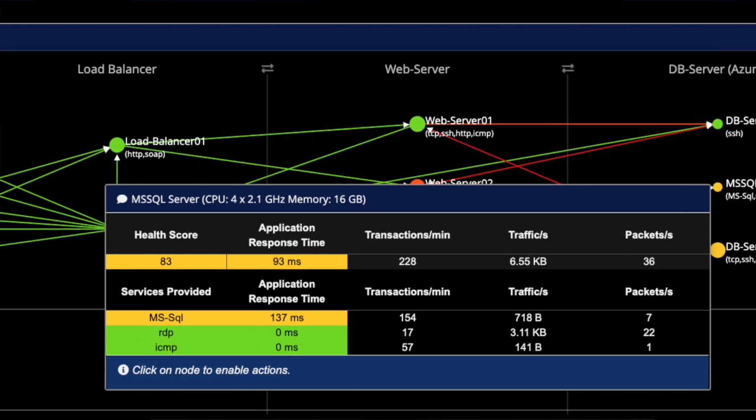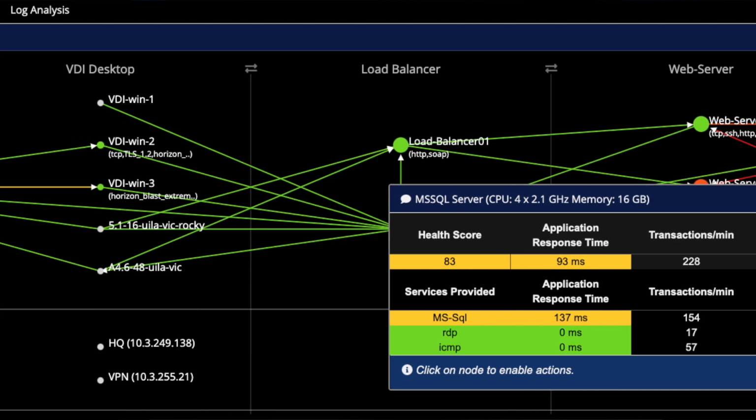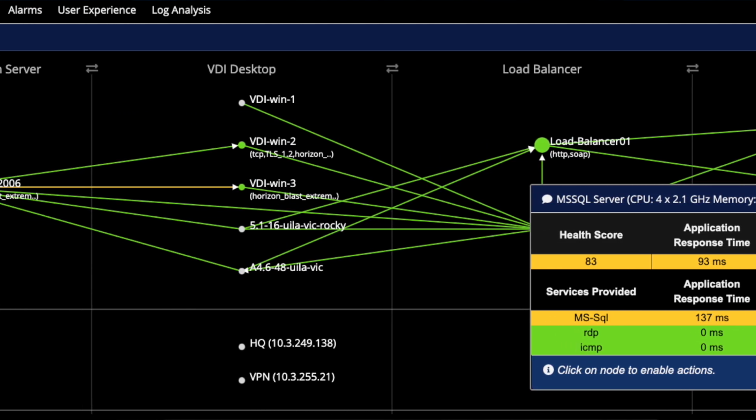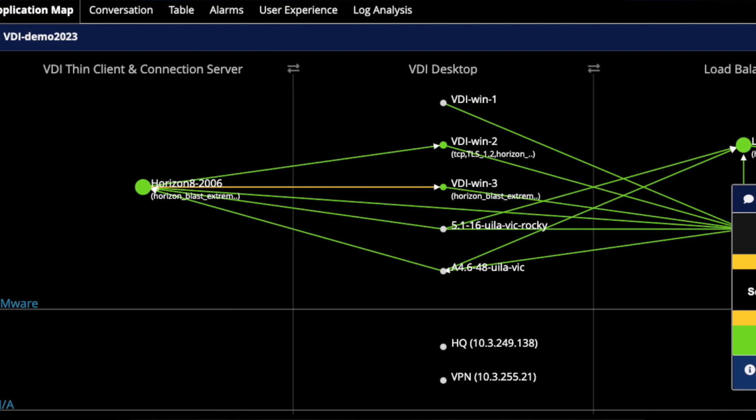It is a process of documenting or visualizing relationships or dependencies that exist between the different applications, the network, and the infrastructure resources within a data center environment.